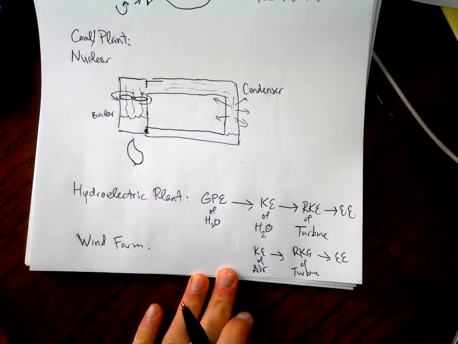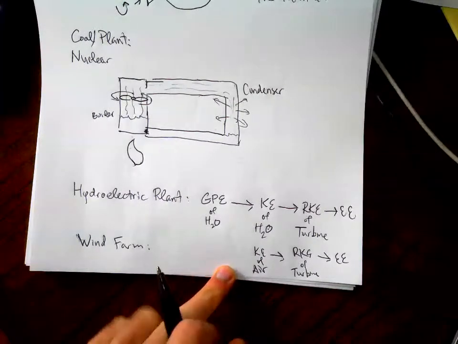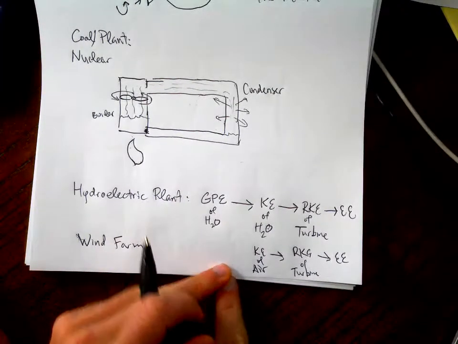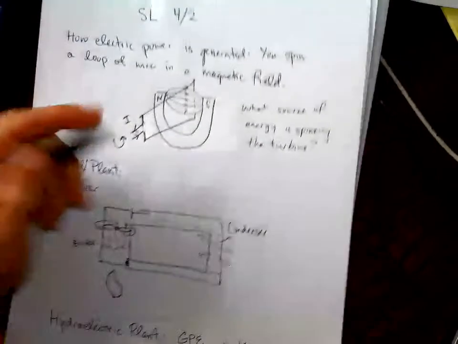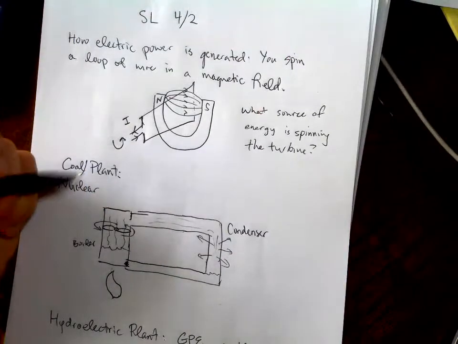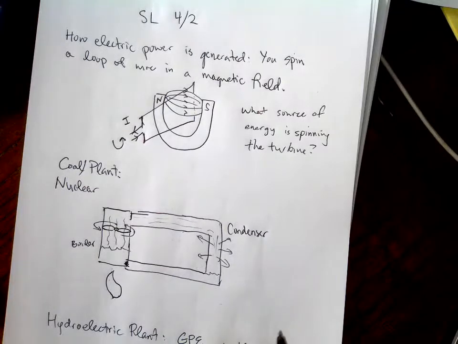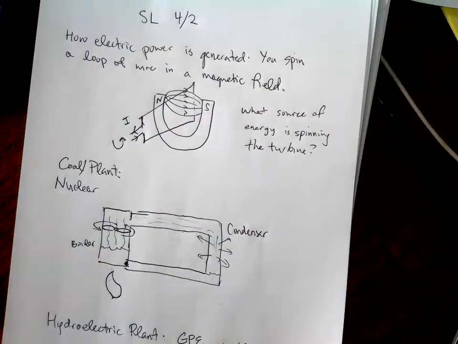And the way you turn the rotational kinetic energy into electrical energy is via this process of a generator. How could we figure out how much energy we can get?